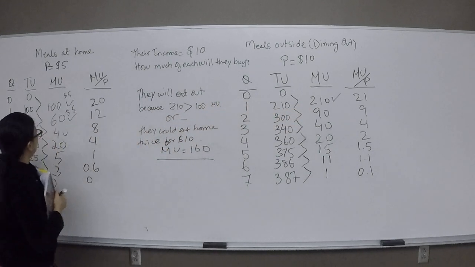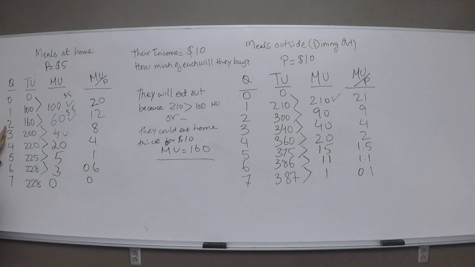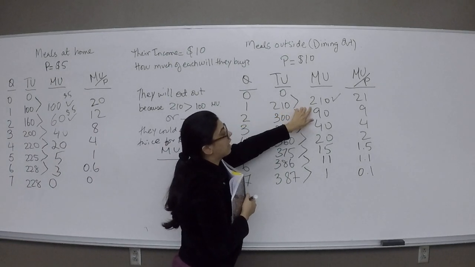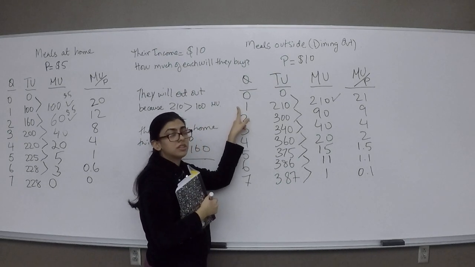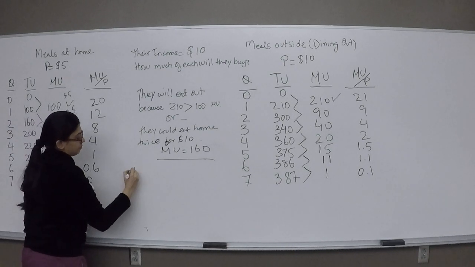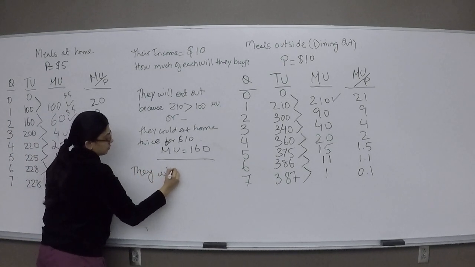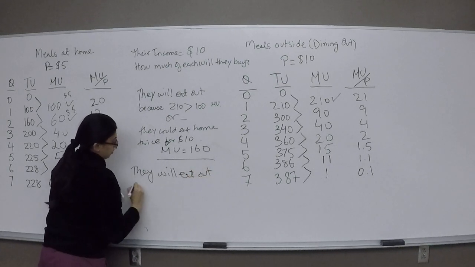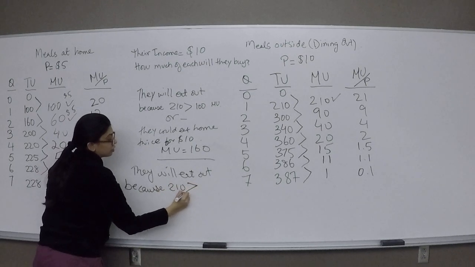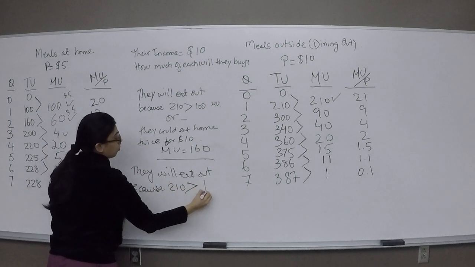But here they can have another meal at home, and the utility for that is $60. The total utility for $10 if they eat at home is $160, which is still lower than the $210 they get from the first meal out at a restaurant. So what they really do is eat out, because 210 is greater than 160.